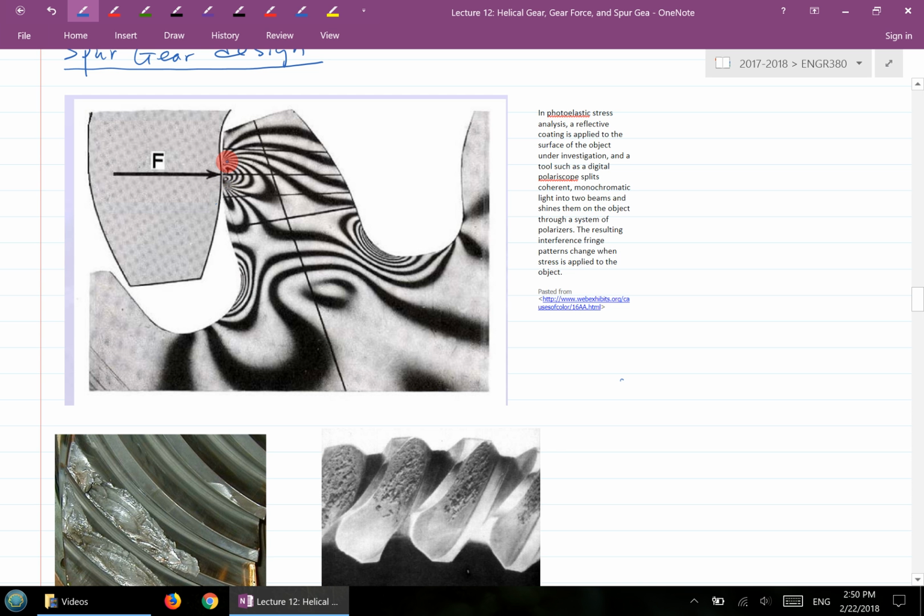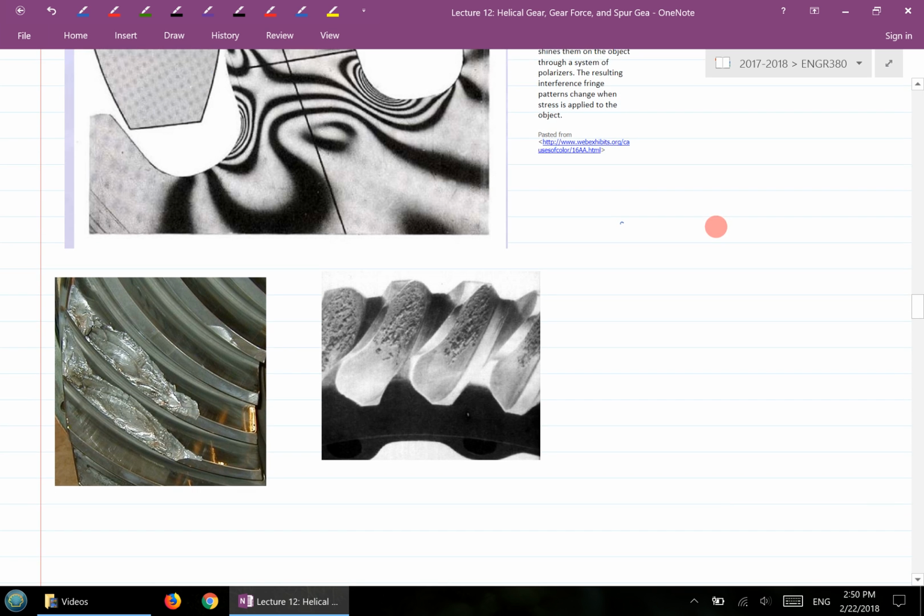So that's how we differentiate the different types of failure. One is called surface failure, and the other is called bending failure, at the root location.